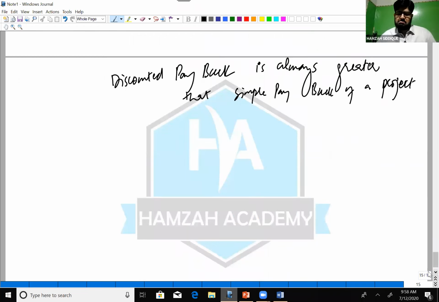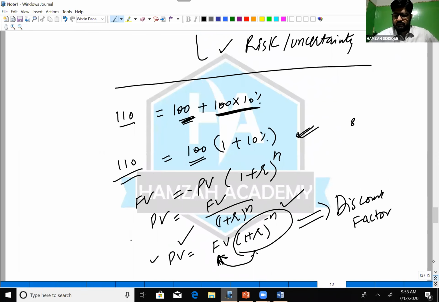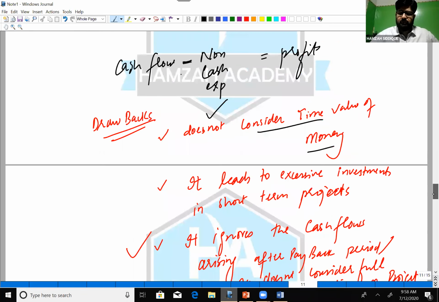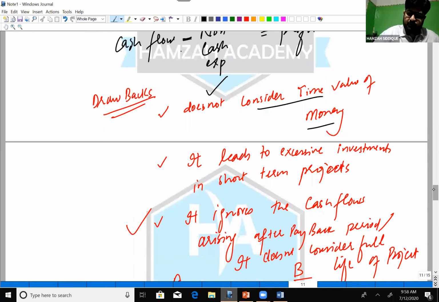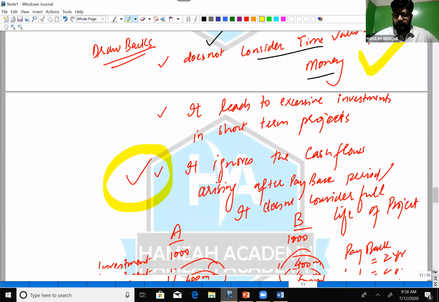Now, students, one problem of the payback period is resolved. This problem is resolved. Now comes the other problem: it ignores the cash flows.